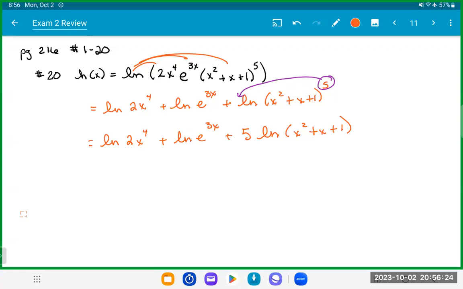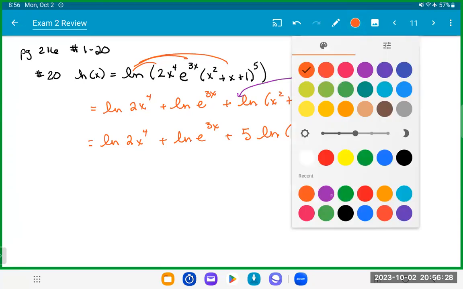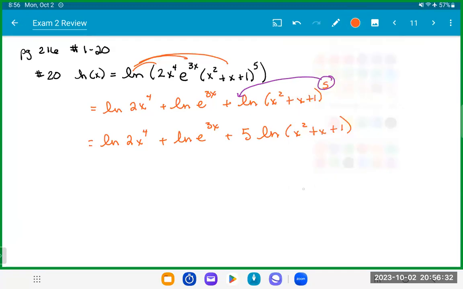Now to take the derivative of those, right? So we can do the derivative of each of the piece parts. So I'm going to just put h prime here so we know now that we're doing the derivative, because this is just h. All I did was simplify h so that we can actually do the derivative. Okay.